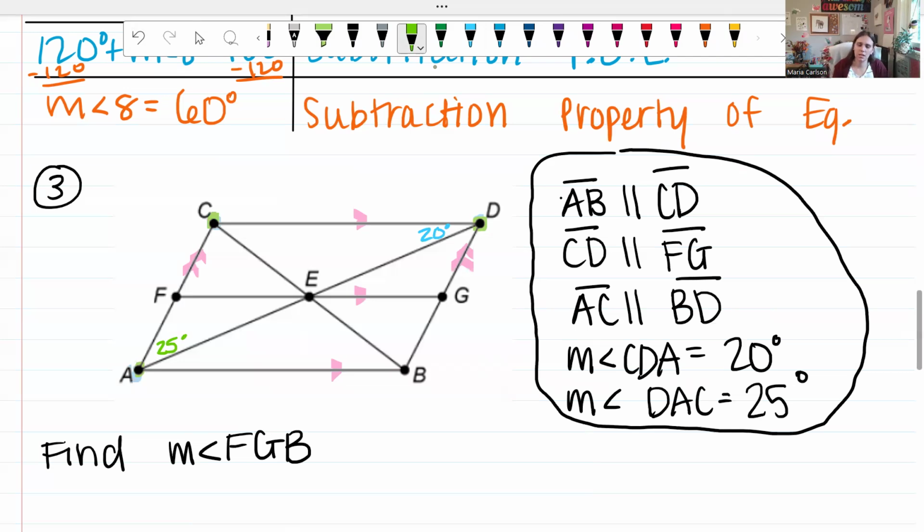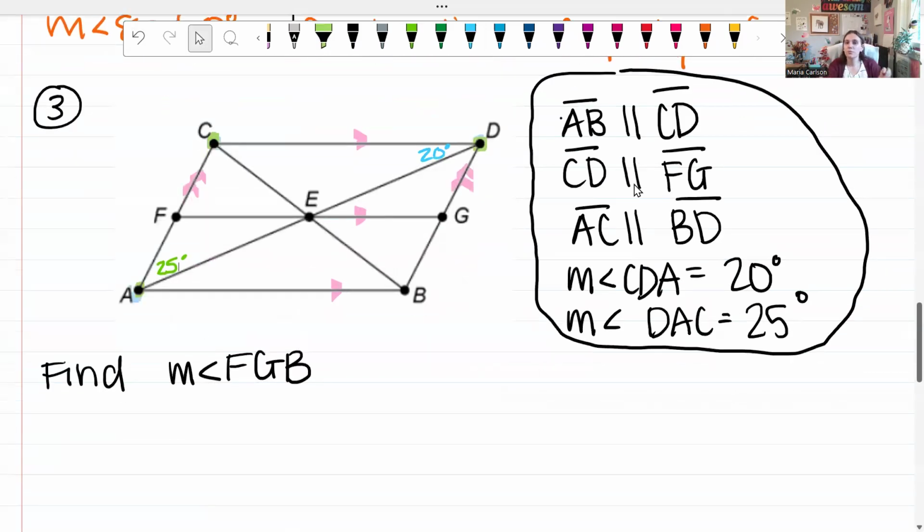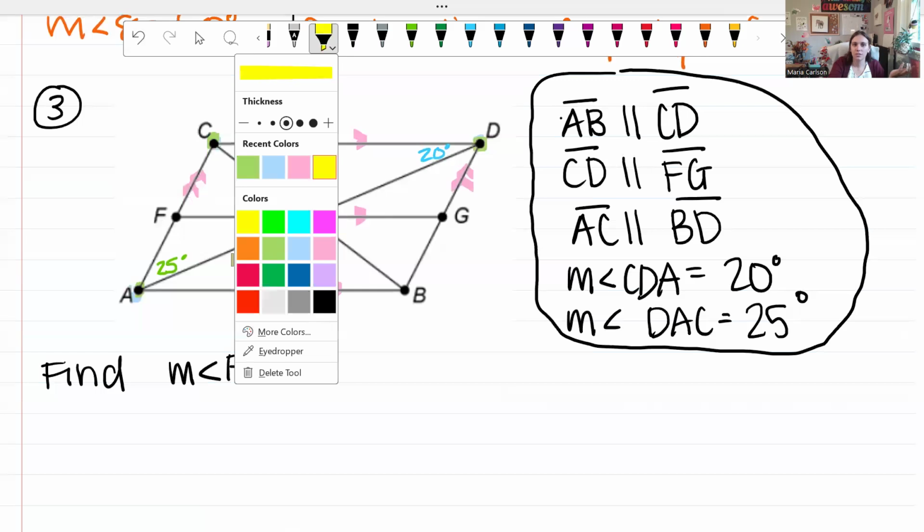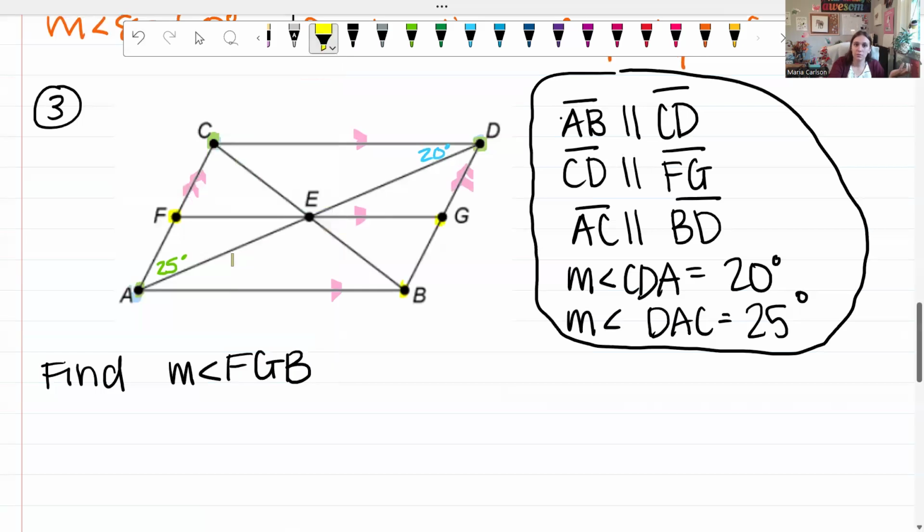I feel like I miswrote this somehow, but I guess not. I did it how I was supposed to. So we have labeled all of the parts of our diagram, and now we want to find this angle FGB, and let's look at where that is. We want to find this angle measure.